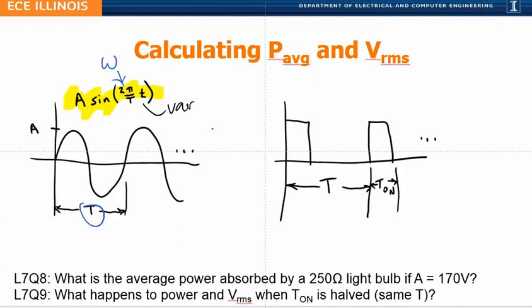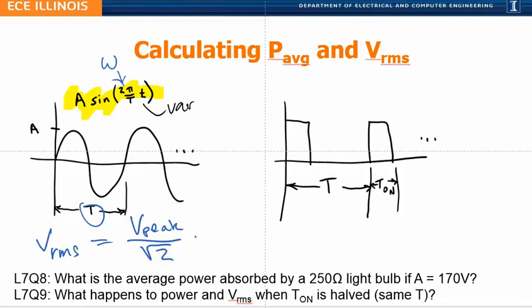So if you calculate the RMS voltage, you will find that VRMS is V peak, and in this case it's A, divided by square root of 2.